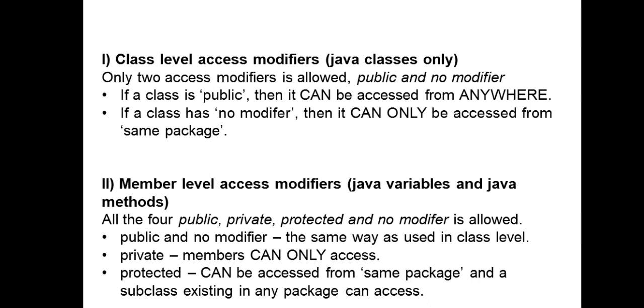Parent class having some members, if some members are declared as protected, those members can be accessed by the subclasses. Okay, and if it is private, so private means private, that cannot be accessed outside the class, right? So public, private, protected, these are the three member level access specifiers.